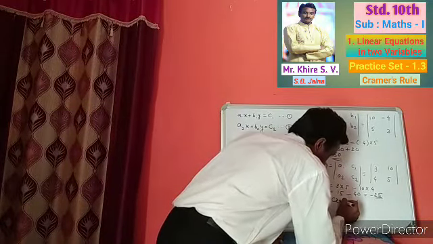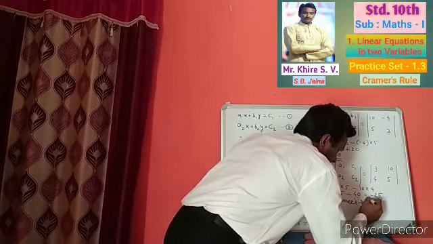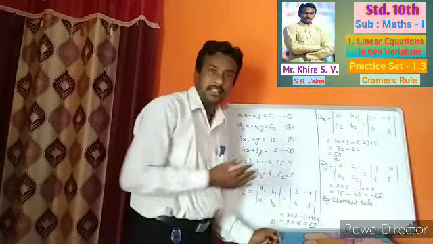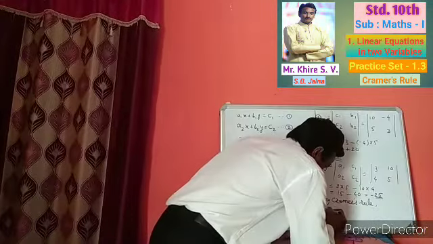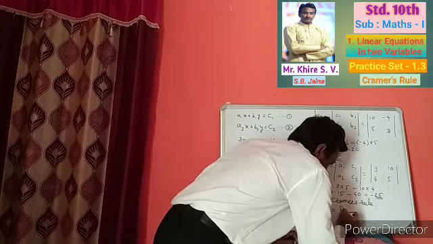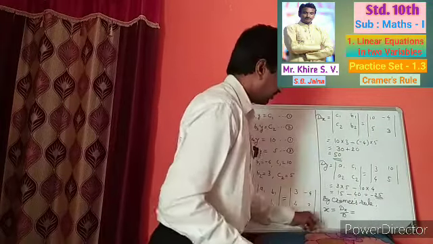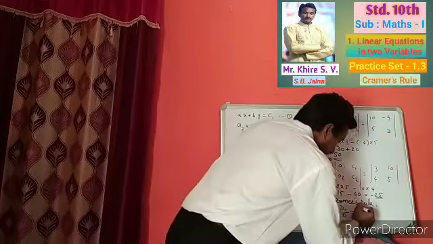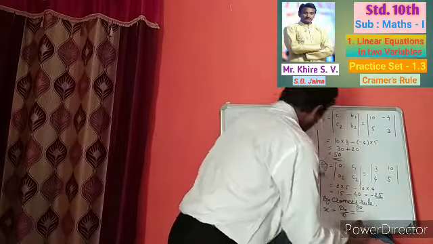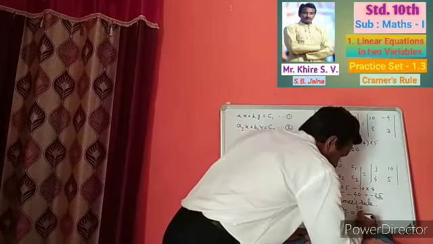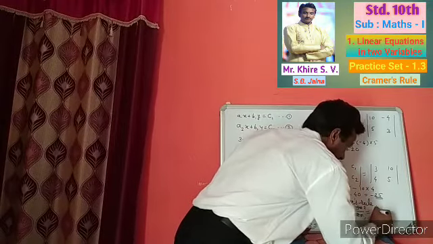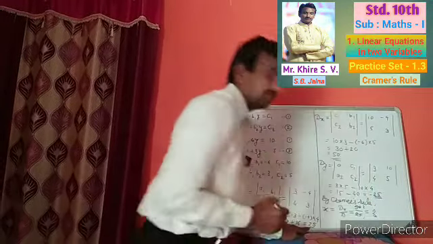Now by Cramer's rule, find the values of our variables, that is x and y. The value of x is equal to dx upon d. Put the values of dx and d here: dx is equal to 50 upon d, that is 25. 25 1s are 25, 25 2s are 50. This means the value of x is 2.